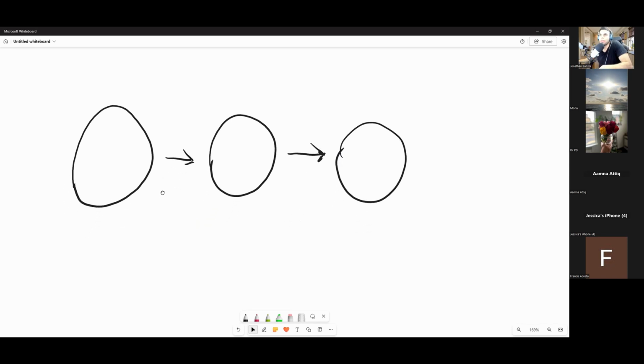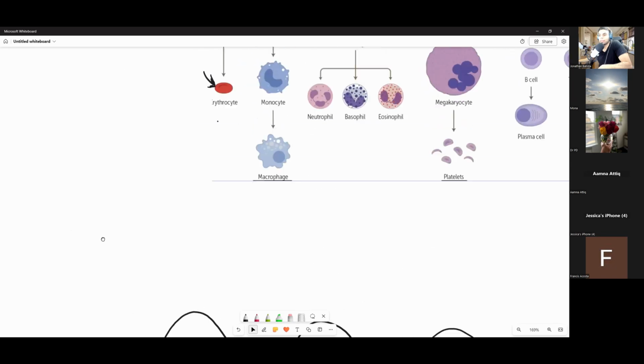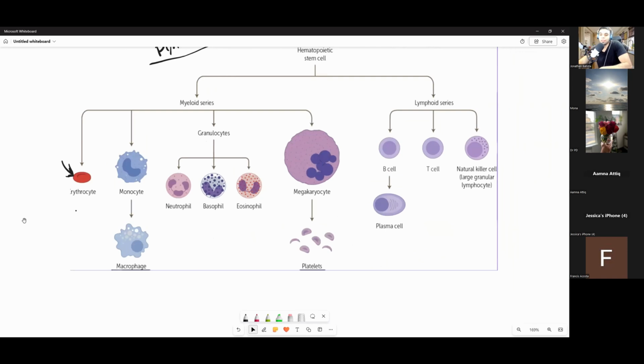For example, if we look at myeloproliferative neoplasms, so we're looking at these kind of cells. Polycythemia was what we saw with RBCs. We saw polycythemias. We were able to mention all different types of issues here.